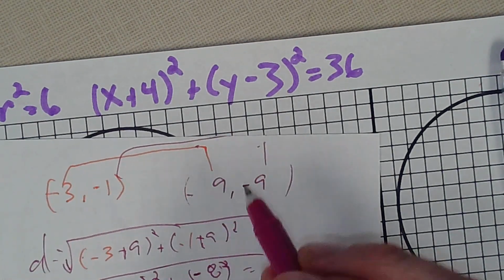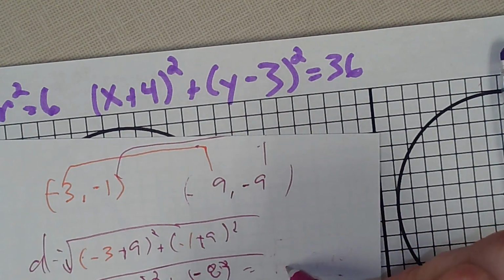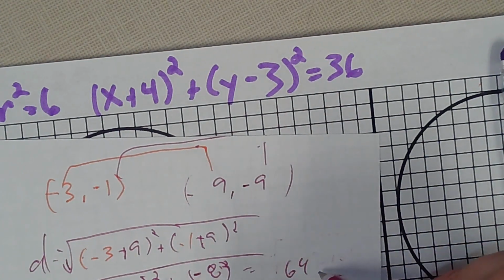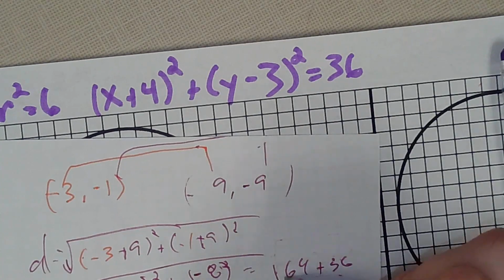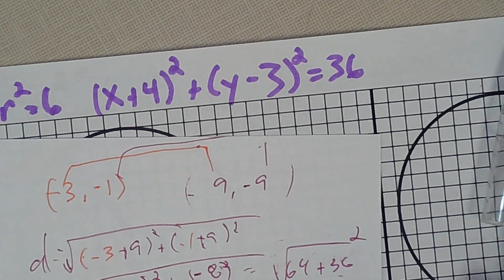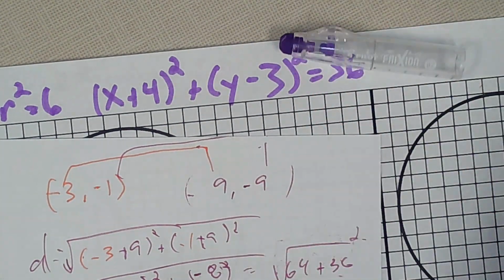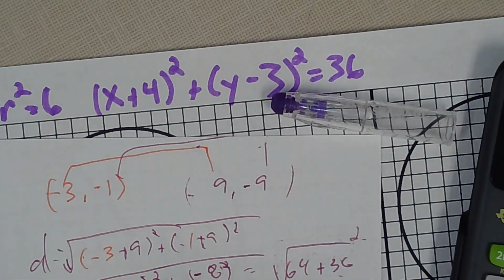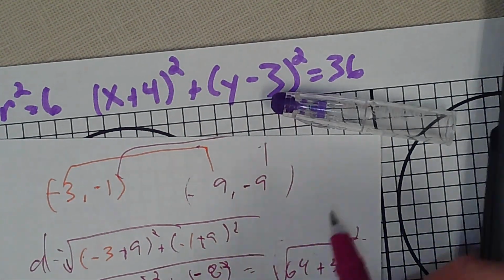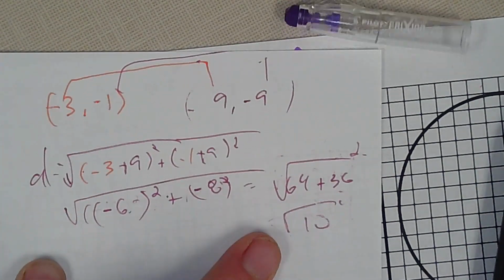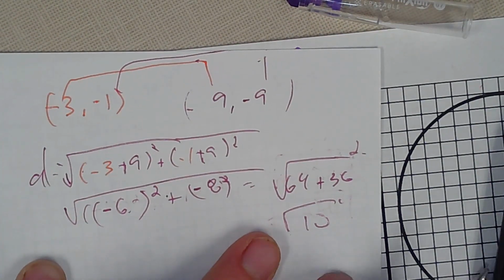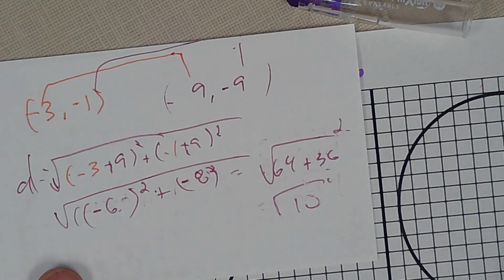It's going to be the opposite signs. So it's going to be the square root of 36 plus 64. 36 plus 64 is 100. Square root of 100 is 10. So there you go. That's how you do that one. If you have any questions, let me know.